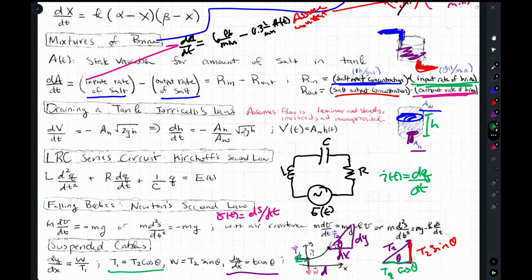So T1 must equal T2 cosine theta in magnitude. And we also have that along the y, the sum of the forces is 0. So T2 sine theta is equal to the weight. Putting all of this together gives us a simple model for suspended cables, that you see there.